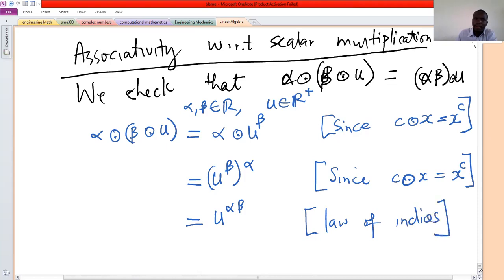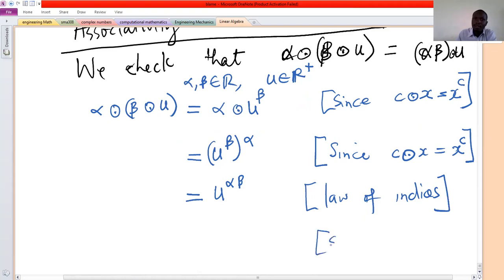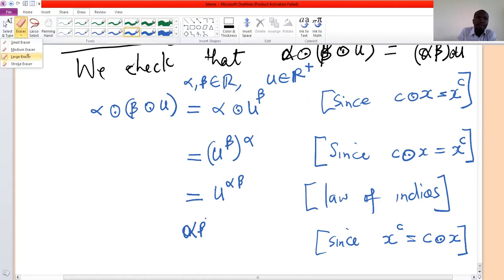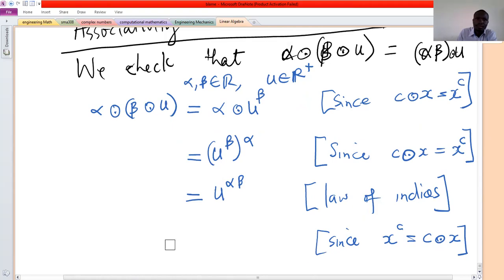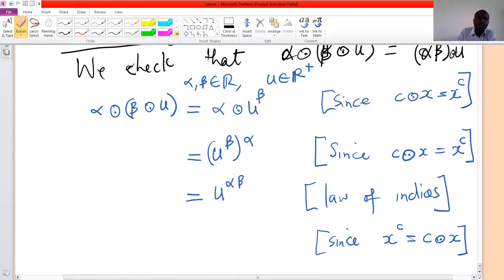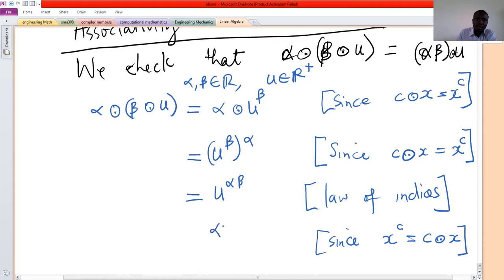And then, since we know that if I have x raised to the power C, then I must have C times x, then I can write this one as alpha times beta multiplied by this u.